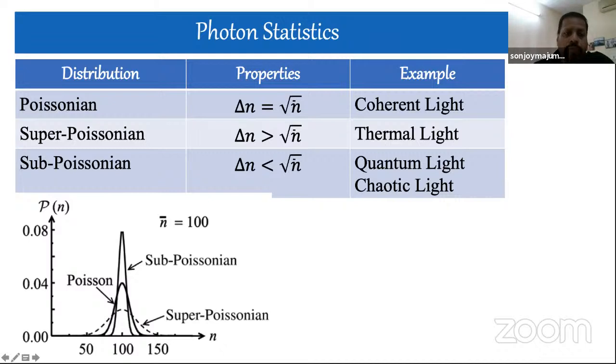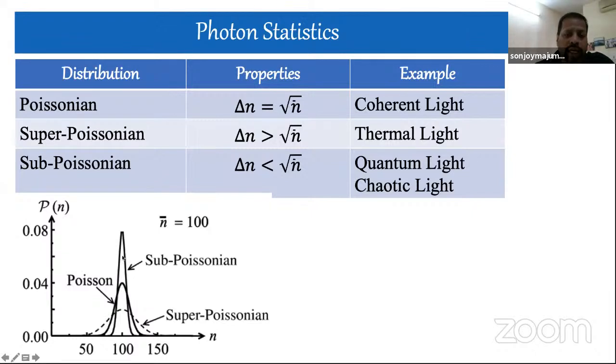In the case of the Poissonian, since n bar is around 100, it will be almost like a normal distribution, for large values. But once we go for the sub-Poissonian, the spread is very narrow compared to the mean value, the square root of the mean value.